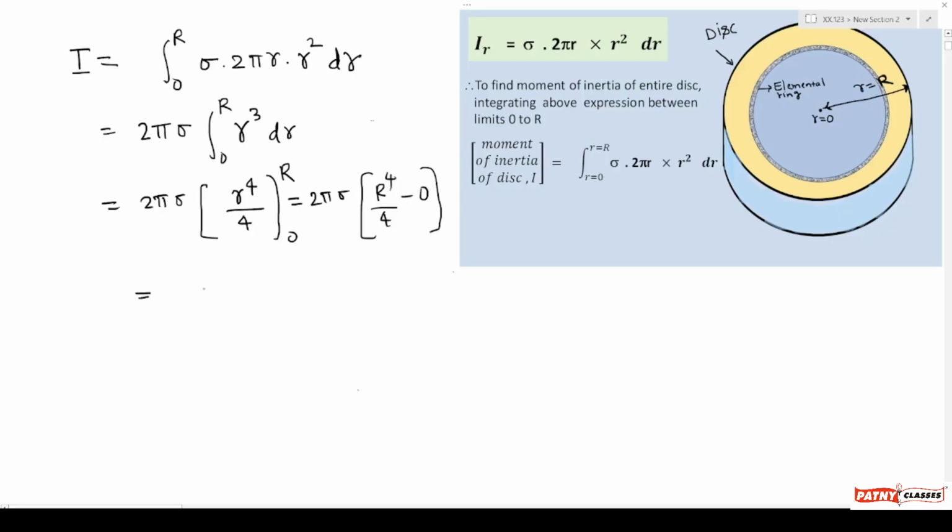So this equals 2 pi into sigma into R raised to 4 upon 4.